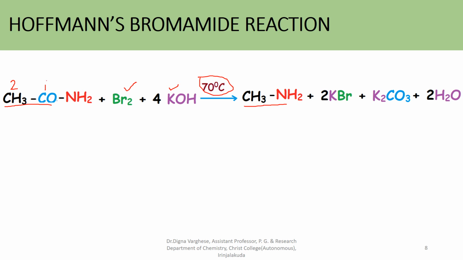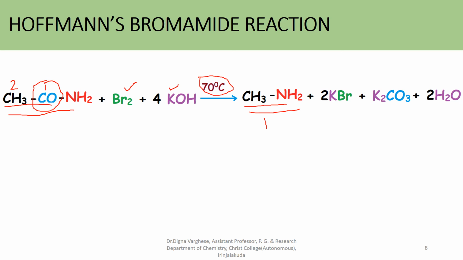Here the CO group is removed. So the product of this reaction is the primary amine having one carbon atom less than the parent amide. Okay. In this parent amide, 2 carbon atoms. Here the product has only 1 carbon atom. So this reaction is known as Hofmann's bromamide reaction or Hofmann's hypobromite reaction.